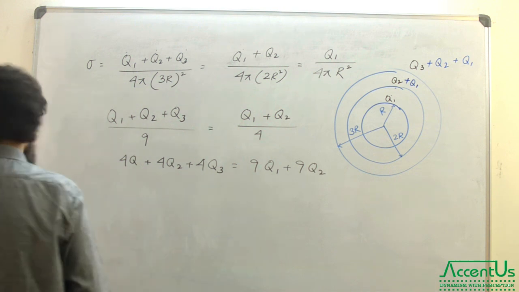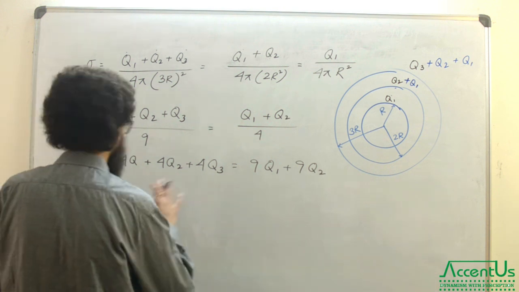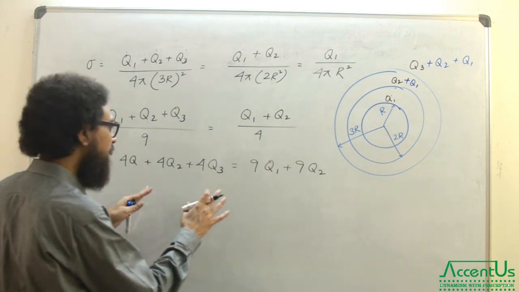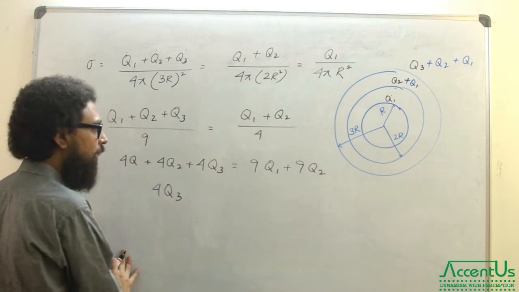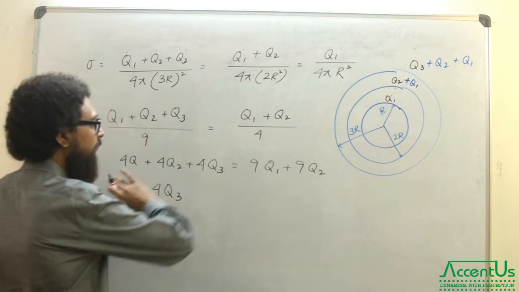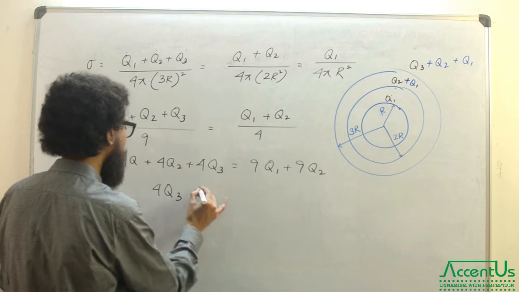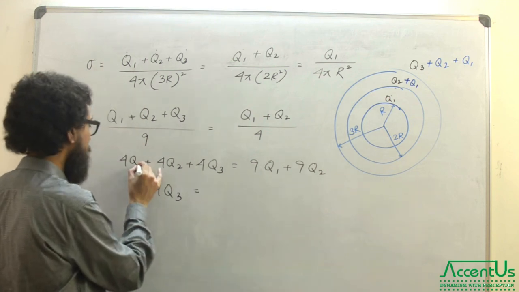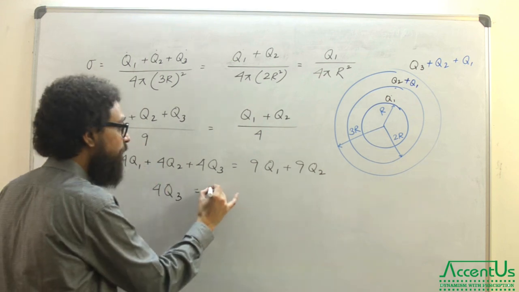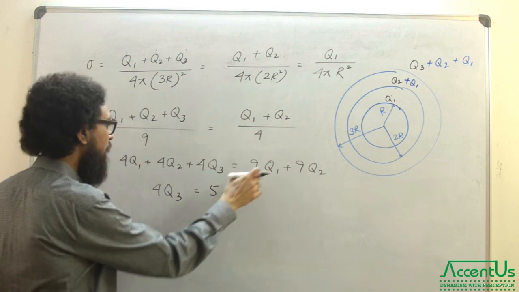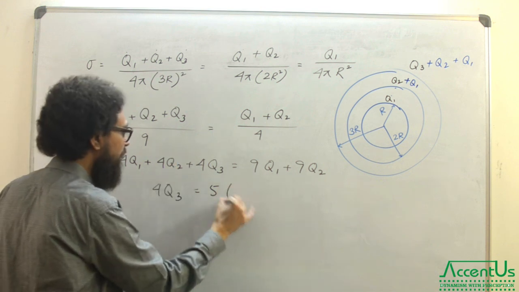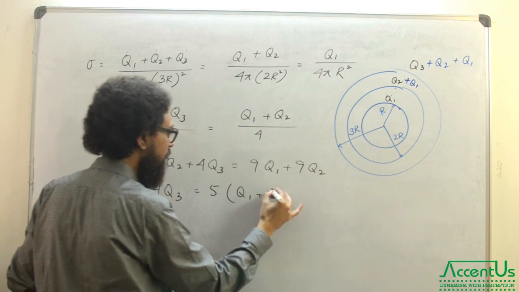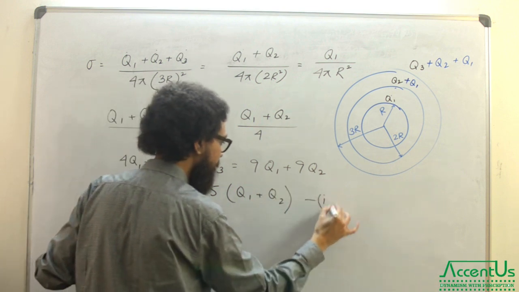And here, cancelling, what is getting cancelled? 4Q3 is not getting cancelled, it will remain as it is. If I take everything to that side, what am I getting? Sorry, this will be Q1. So 5Q1 and 5Q2. So 5 into Q1 plus Q2. This is your first expression.